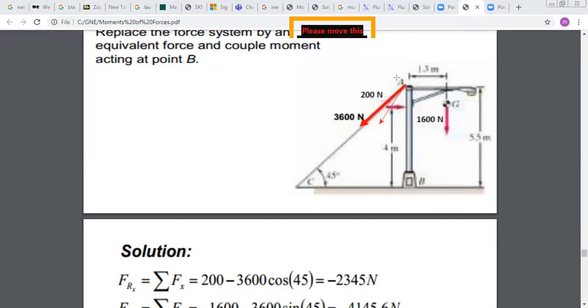So I should add a couple. Now, it will be clockwise or counterclockwise. I should do an analysis to know if it's clockwise or counterclockwise. Okay? Let us assume it is counterclockwise. And let us verify if it is true or not.